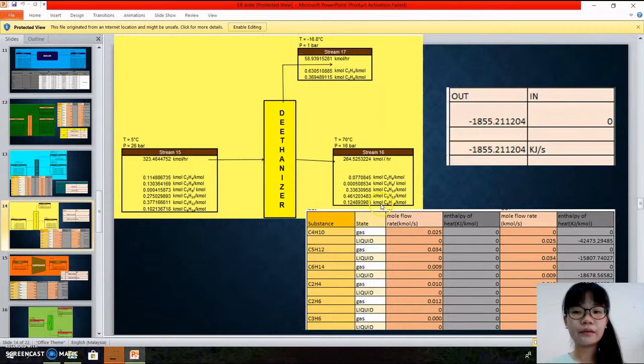We can calculate the energy balance by using the balance on non-reactive reactions and hypothetical pathway, and we get the Q, which is negative 1855.211204 kilojoule per second. Thank you.